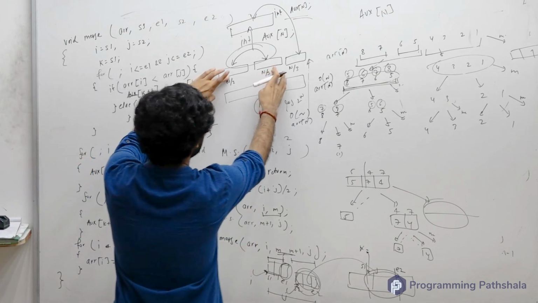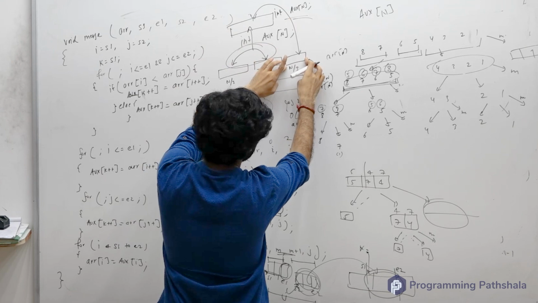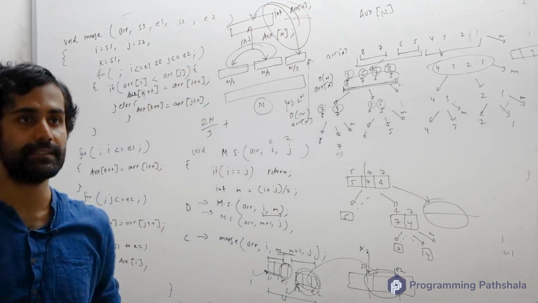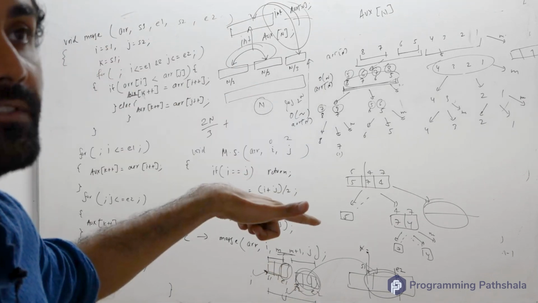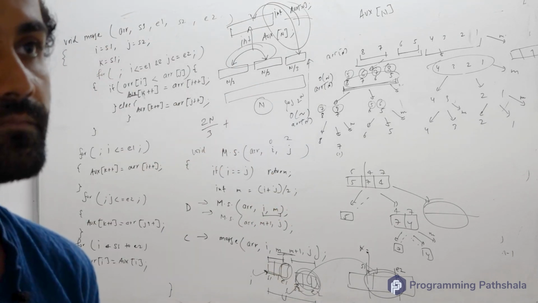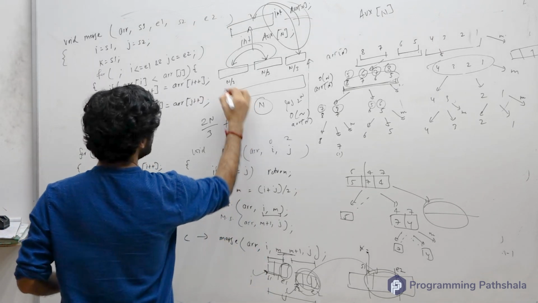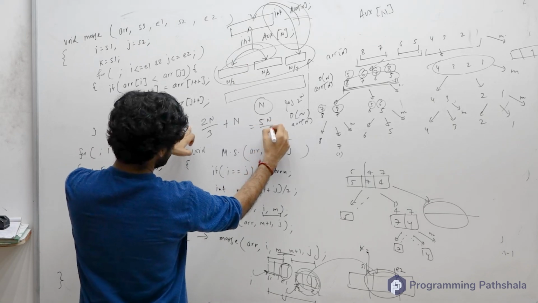Now the result of this is of size 2n by 3. When you merge this with this, how much time will this step take? It should be 2n by 3 plus n by 3, which is n, isn't it? So what is the overall time taken to merge these three? That is equal to 5n by 3.